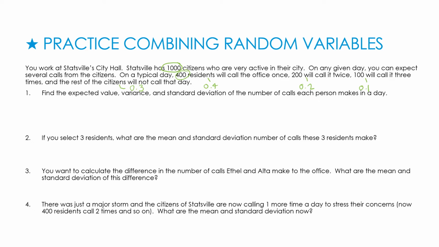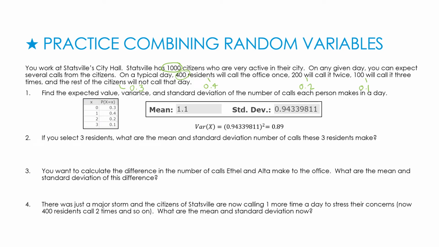To find the expected value, and again, I just use StatCrunch, so I did my probability model in StatCrunch, which is the easiest thing to do. You're welcome to do it by hand. By hand, you would take 0.3 times 0, 0.4 times 1, 0.2 times 2, 0.1 times 3, and add them up. That's what gives you the mean.